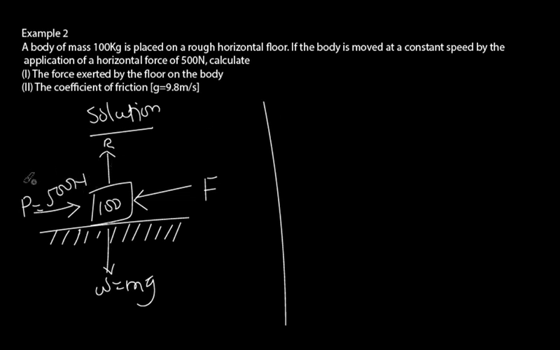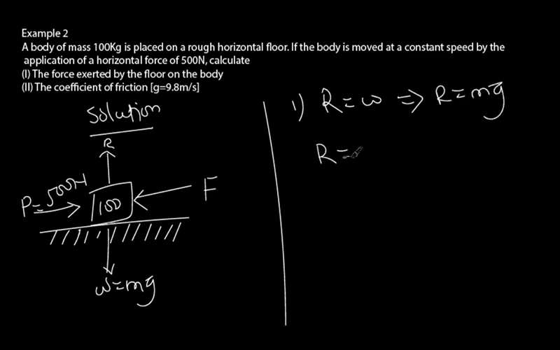Now the first aspect of the question is telling us to calculate the force exerted by the floor on the body. The force exerted by the floor on the body is just the normal reaction, which is equal to the weight. So the normal reaction R is equal to mg.